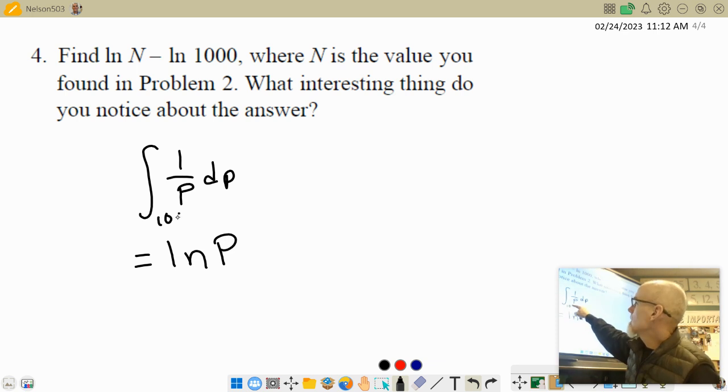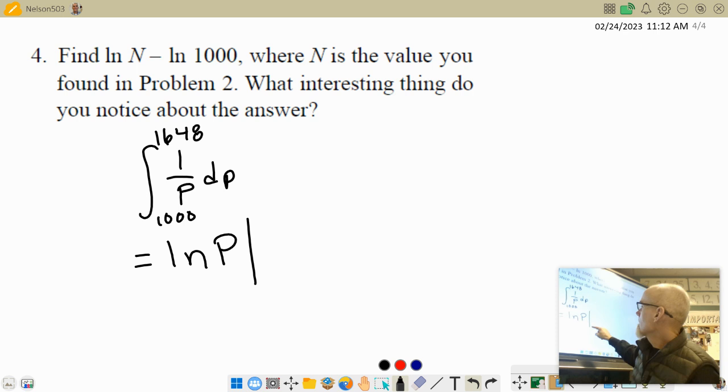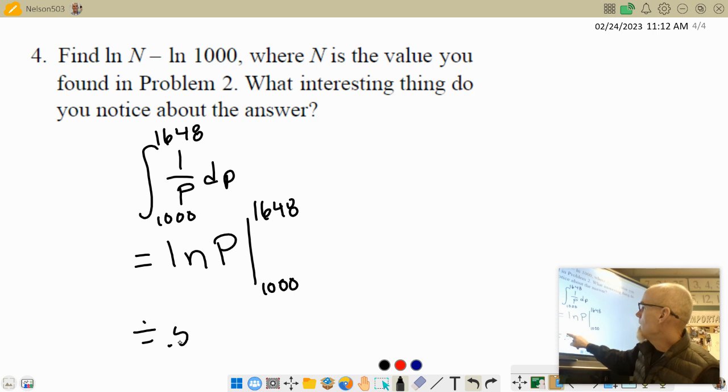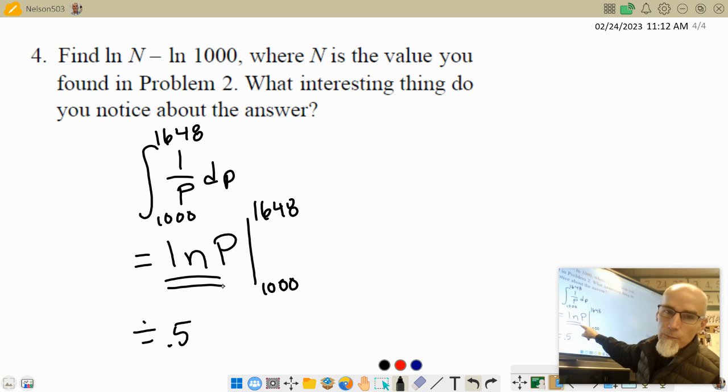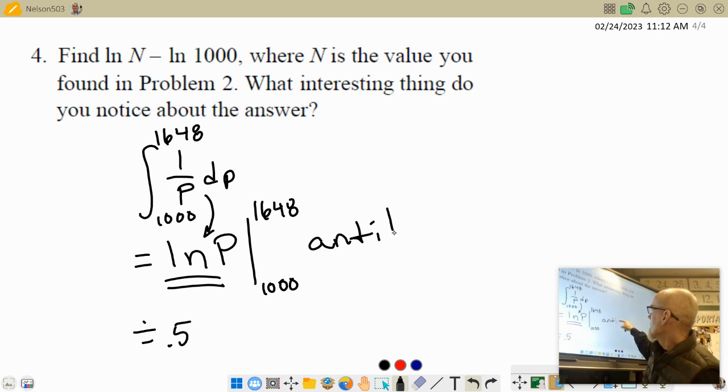And if we had 1,000 right in here, and 1648 up here, we see that that's about 0.5. So that confirms that that function is the antiderivative of that function. So this is the antiderivative right here.